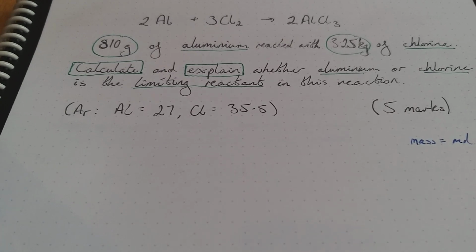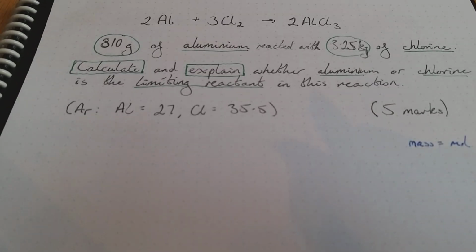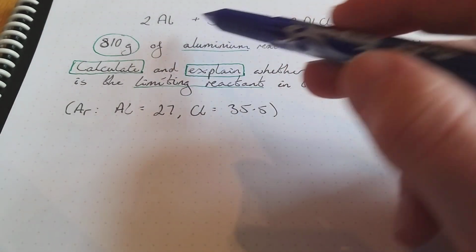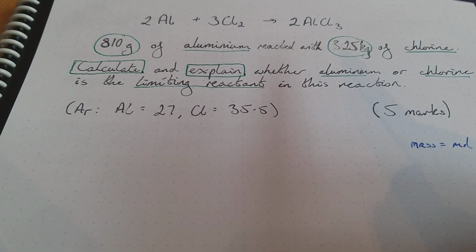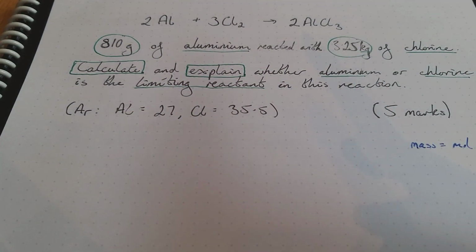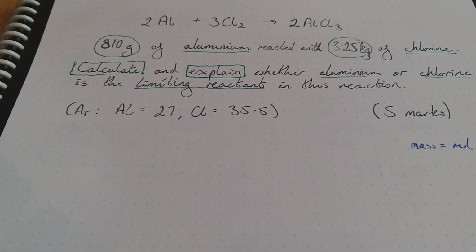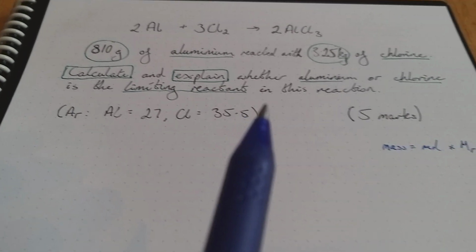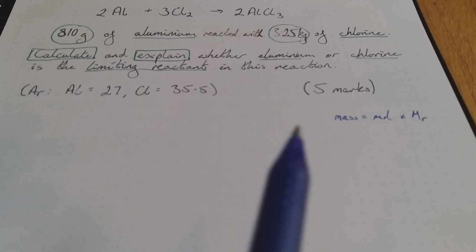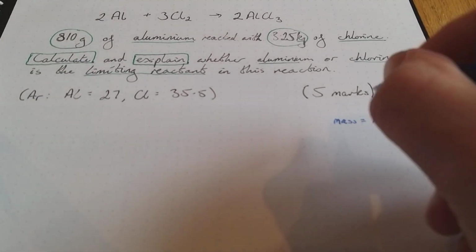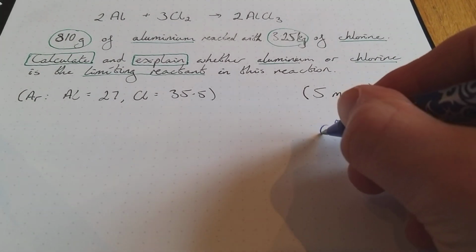Okay? So, in order to compare these two chemicals, we've been given the masses, but in order to compare which one is the limiting reactant, we need to calculate the number of moles of each of our reactants. I'm just going to move my camera slightly here. So just as a reminder, to calculate the number of moles, we need to rearrange this equation.